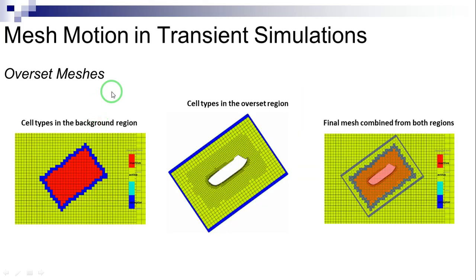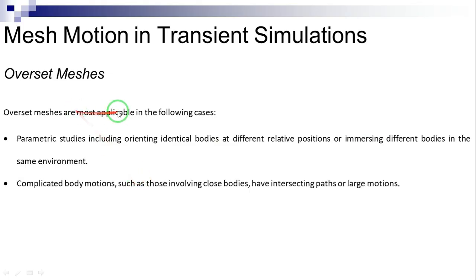The cell types in the background region can be seen here. The cell types in the overset region and the final mesh combined from both regions. Overset meshes are most applicable in the following cases: parametric studies, including orienting identical bodies at different relative positions or immersing different bodies in the same environment.